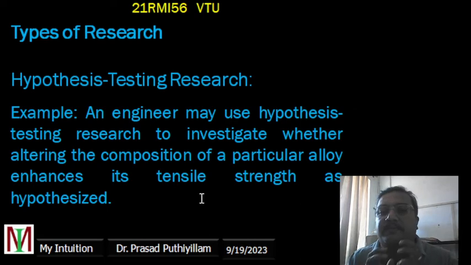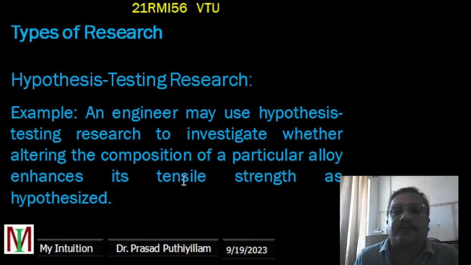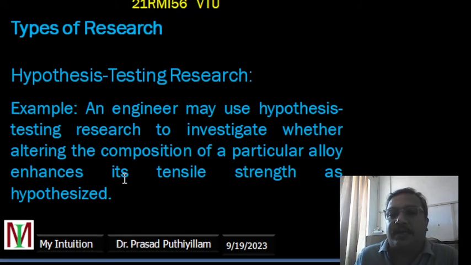If we add something extra to the alloy, will it increase its tensile strength as we think? Because we know what material we are adding and its properties, we guess that adding this material will further increase the tensile strength. That is the educated guess. Then we test it to see whether it works or not. This type of research is known as hypothesis testing research.